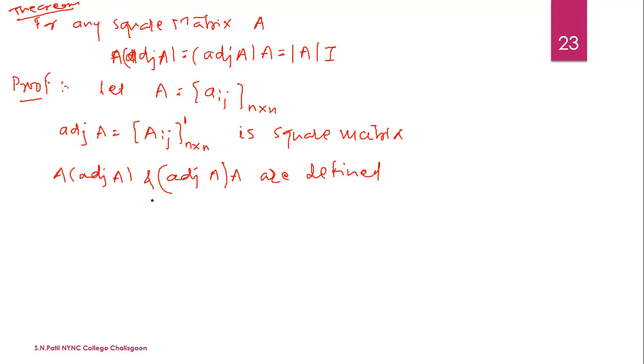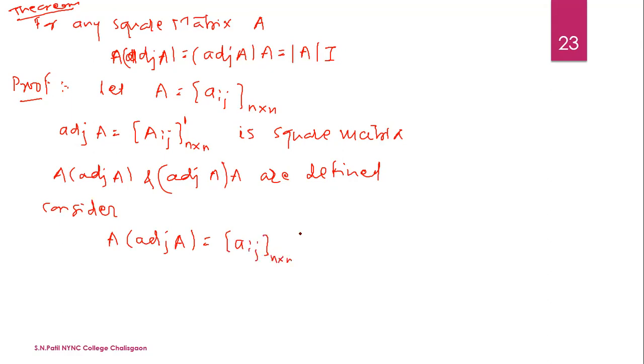Now let us write the multiplication. You can consider A into adjoint of A, otherwise adjoint of A into A. I am considering the first term: A into adjoint of A. Now see, A is a square matrix having elements Aij.